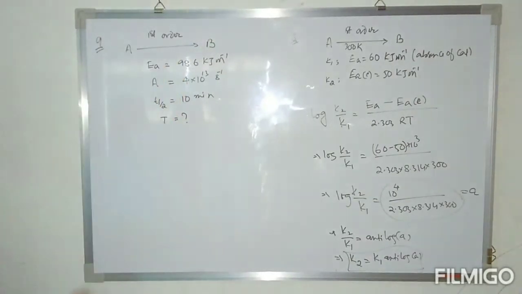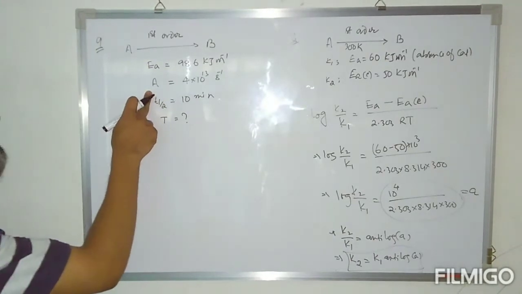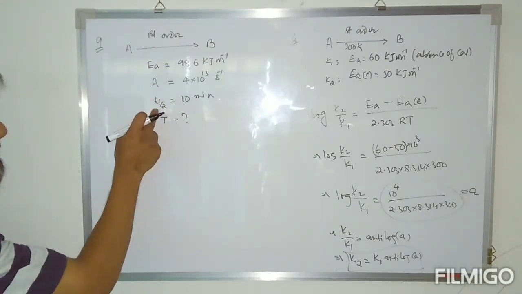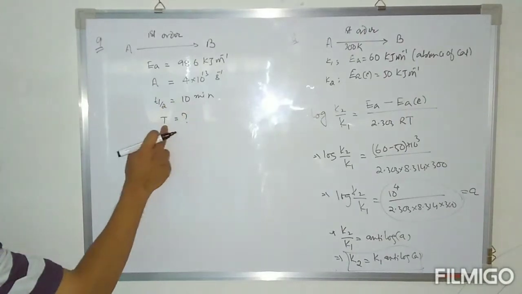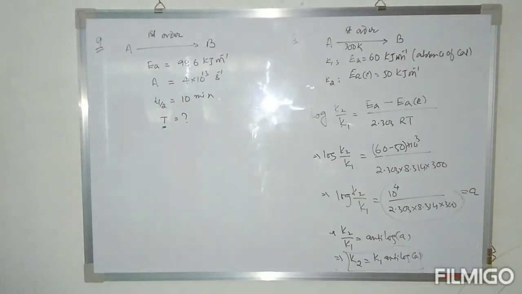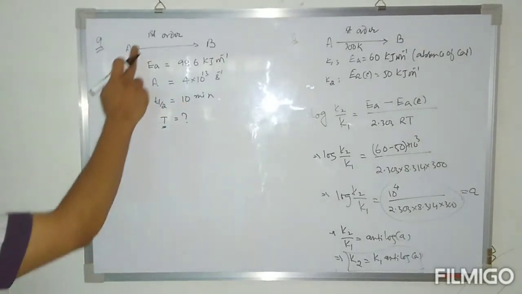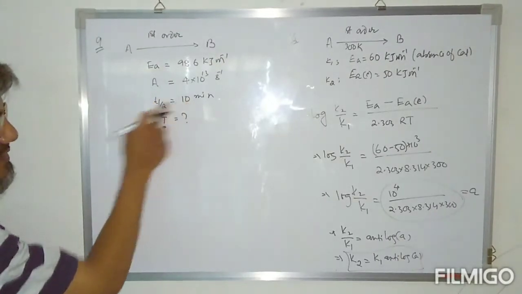Meaning we have this first order reaction with this activation energy and the pre-exponential factor. So the question says, when the half-life of the reaction is 10 minutes, what should be the temperature? Meaning at what temperature the half-life of the reaction should be 10 minutes. The question says the reaction is first order. Half-life is given.